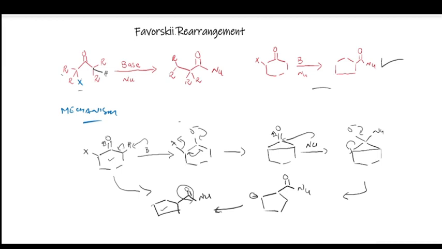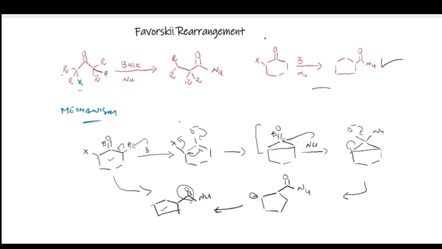Now, the reactions that we just saw, both in acyclic and cyclic ketone systems, had symmetrical alkyl groups on both sides after the removal of the halogen. Or you can say that this cyclopropanone ring in both the cases was symmetrical.